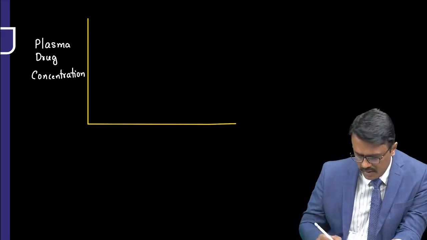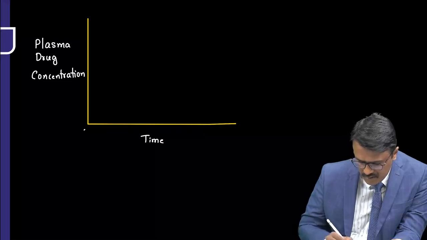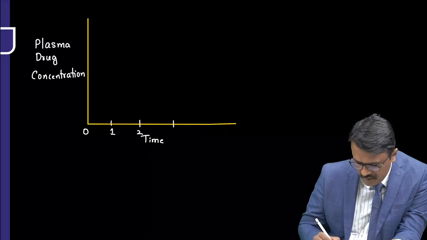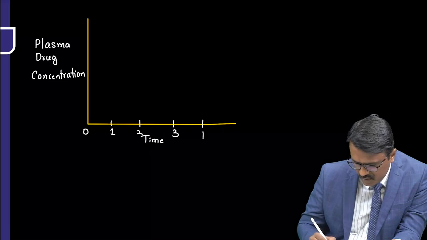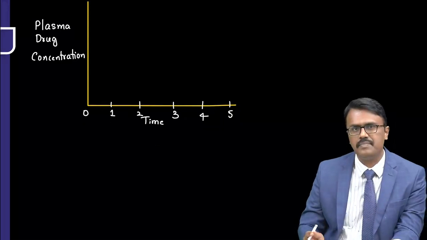Here in the x-axis is the time. For example, this is 0, 1 hour, 2, 3, 4, 5. So this is the time.